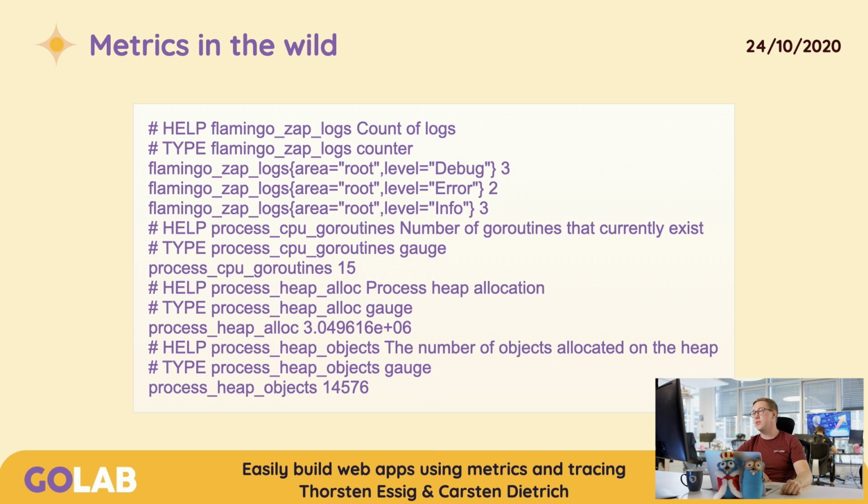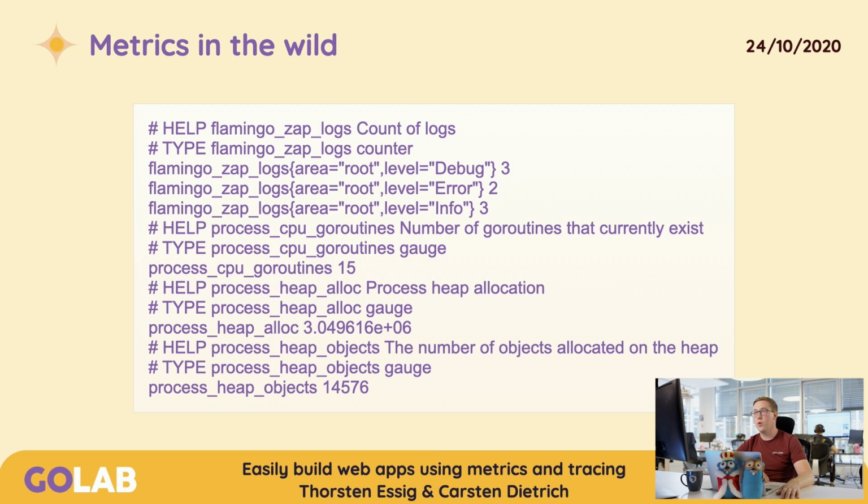Now we talked about the definitions and types of metrics, and to give you a quick look at how that looks in the wild, we simply grabbed output from one of our application's metrics endpoints. And as you can see here, there are different kinds of metrics. For example, this Flamingo log is a counter, which shows us how many error logs there were, and we have the Go routine count, but that's really machine readable and not human friendly.